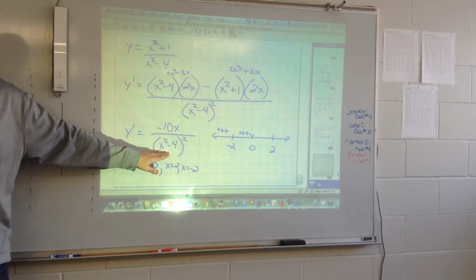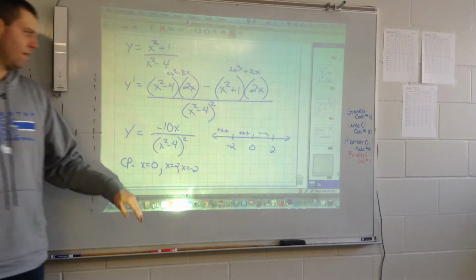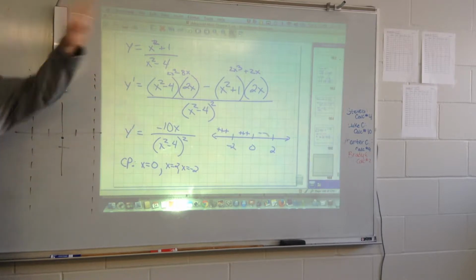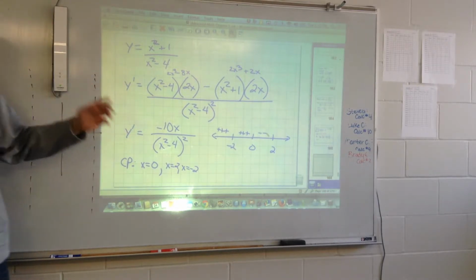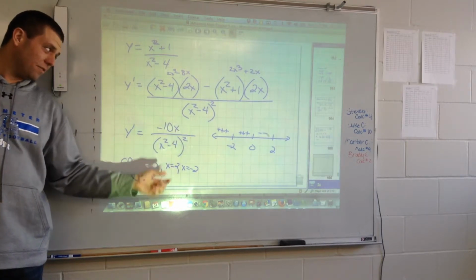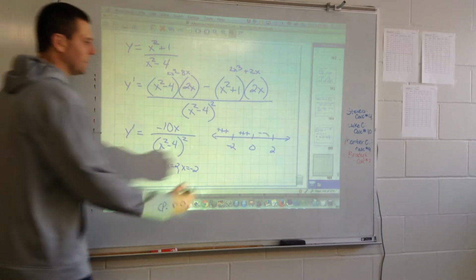Negative divided by positive will be a negative. And if I try a value that's greater than 2, take 5 for instance, -10 times 5 gives you a negative value on top with a positive on bottom. Negative divided by positive, you'll be negative right here.